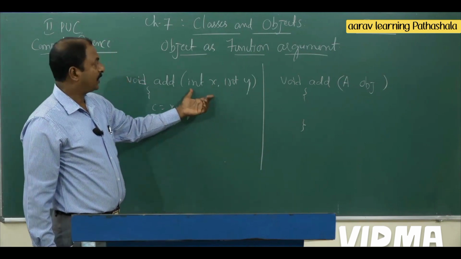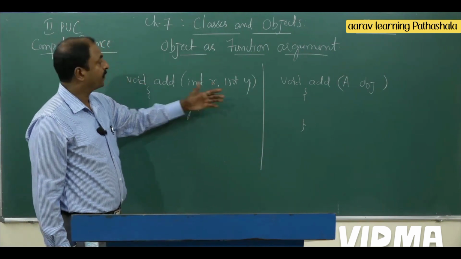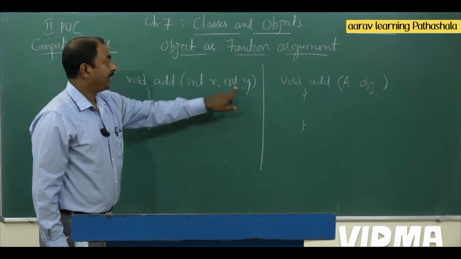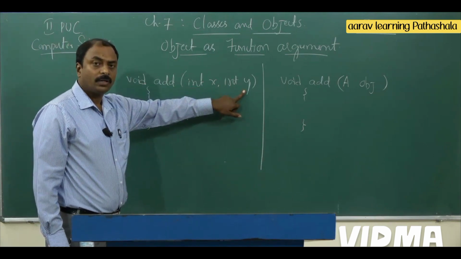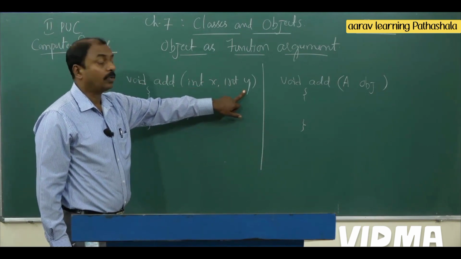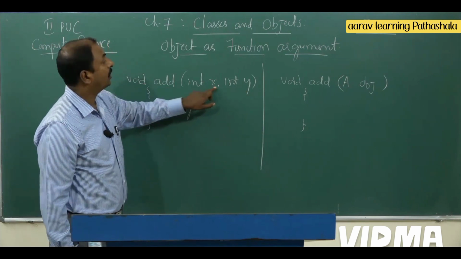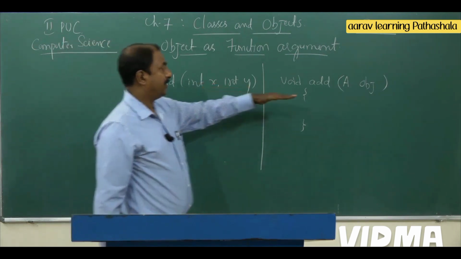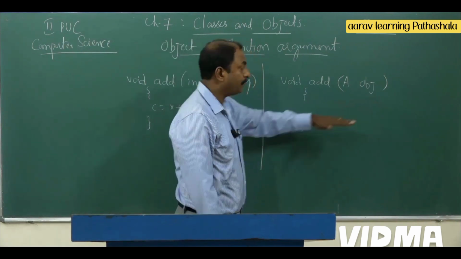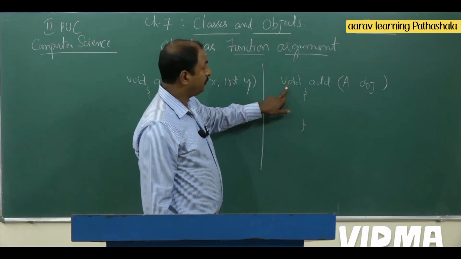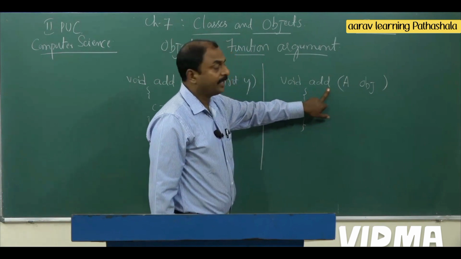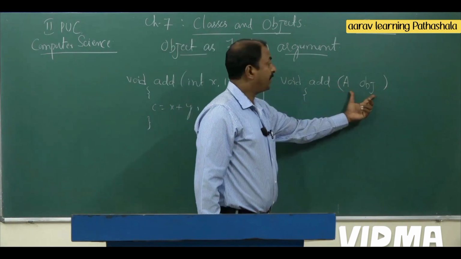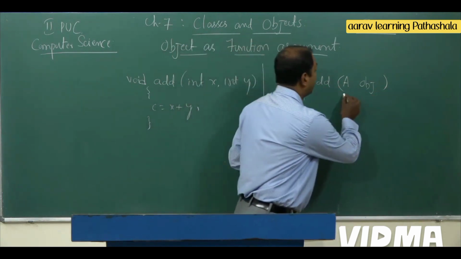But in this example, x and y are parameters, but these two are not objects. These two are variables of data type int. If you consider this example here, this is also a function add, but in this one, the parameter is nothing but an object of a class.